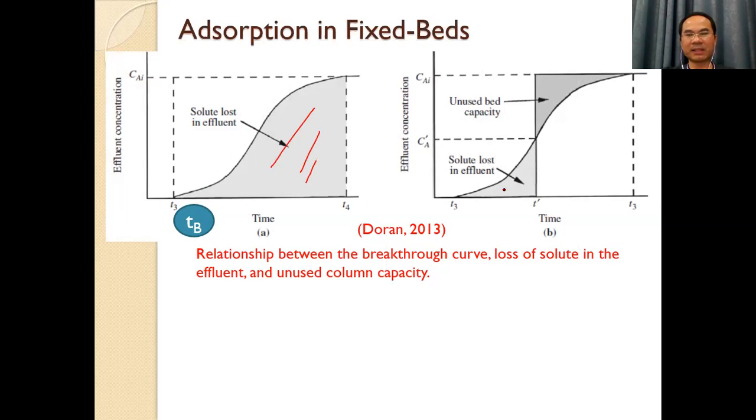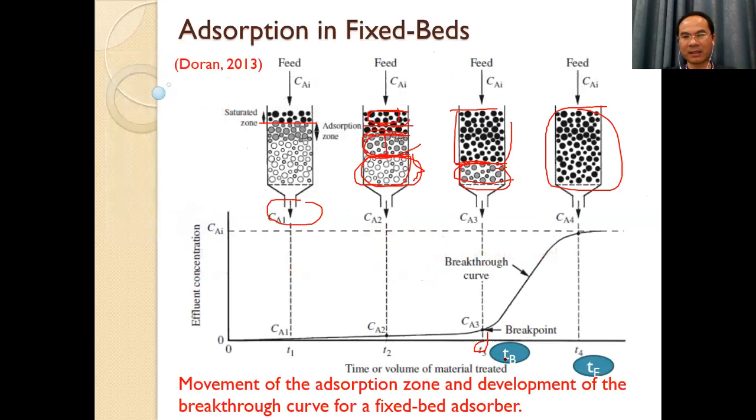Okay, and for this case, we can separate it into half and half. Because this is the solute loss in the flow end, and this is the unused bed capacity. That means we will stop the adsorption before it reaches T4. If it reaches T4, if you feed CA, the outlet is also the same CI.